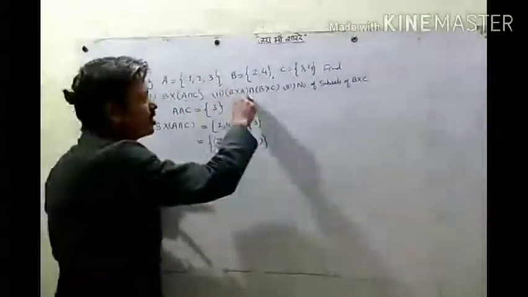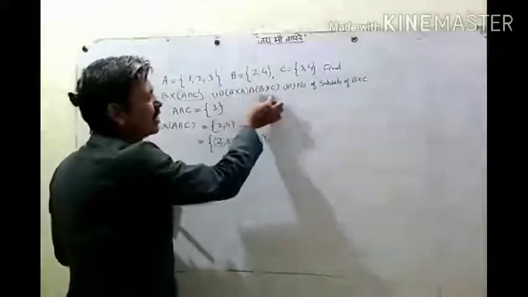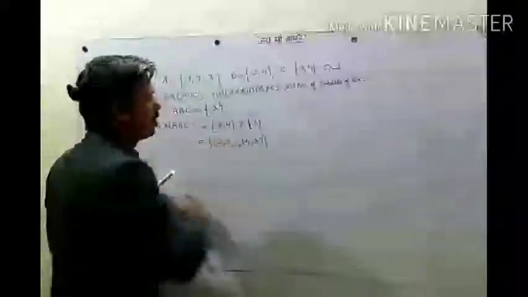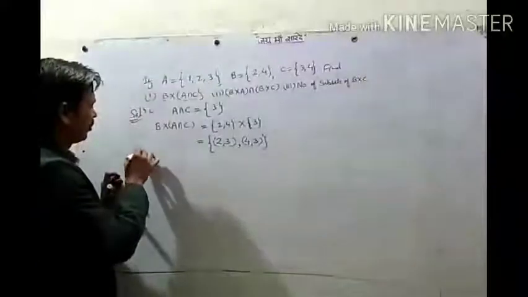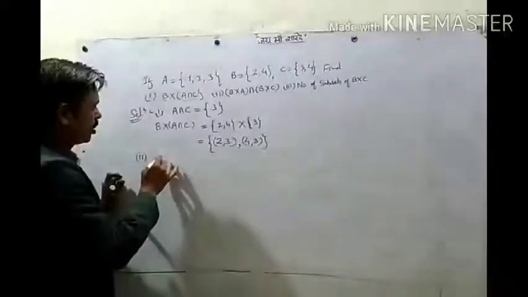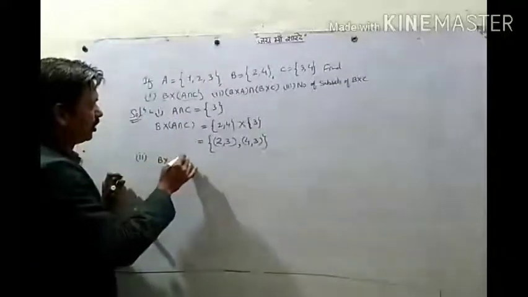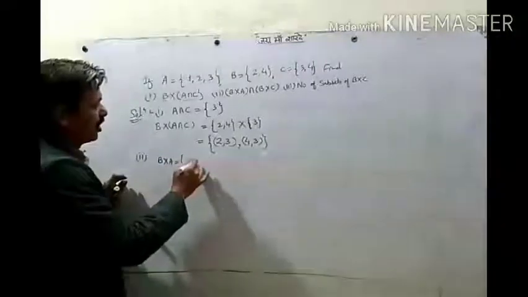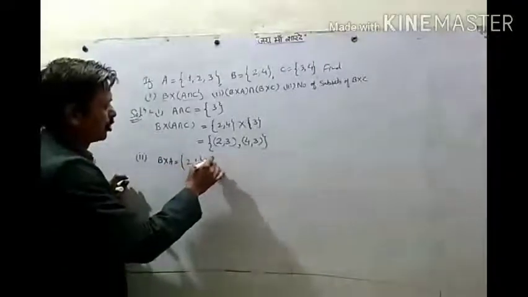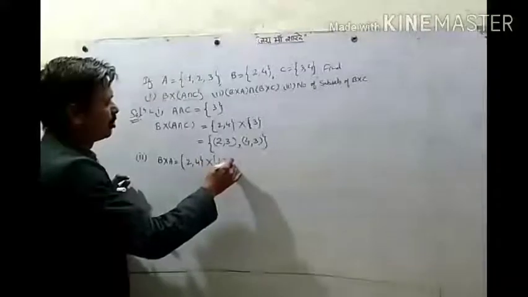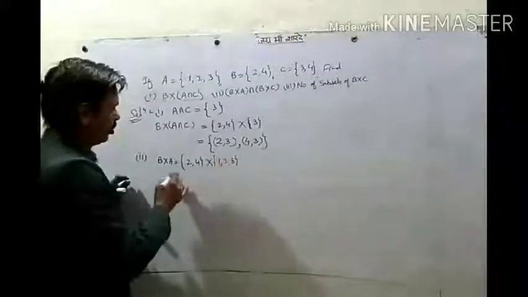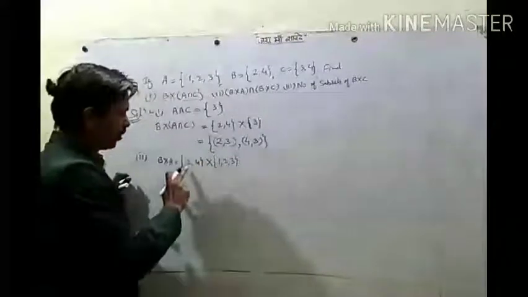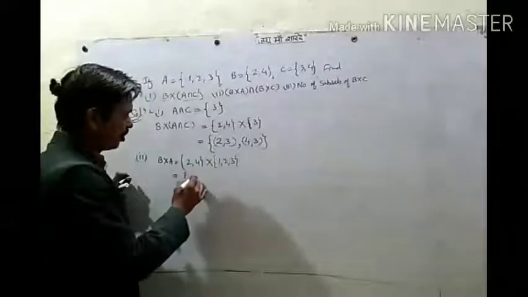So to find this, first we need these sets. Means B cross A and B cross C. So first we will find B cross A. So B having elements 2, 4 cross A having elements 1, 2, 3. So we'll make pairs from B to A. So first element of B 2.